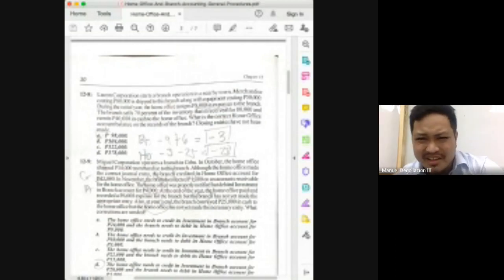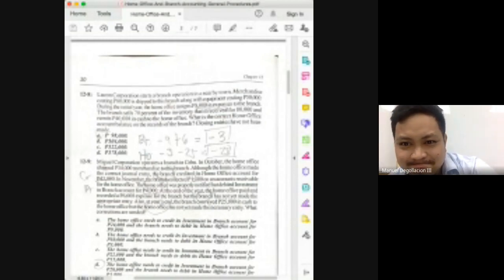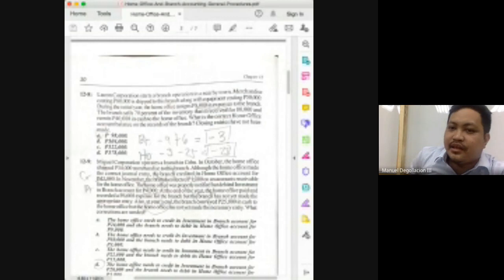Next item. The branch sells 70% of the inventory that it received for 80,000 and remits 40,000 in cash to the home office. Is there any part of this transaction that will affect our reciprocal accounts? Yes, the remittance of 40,000. How do we classify this transaction?